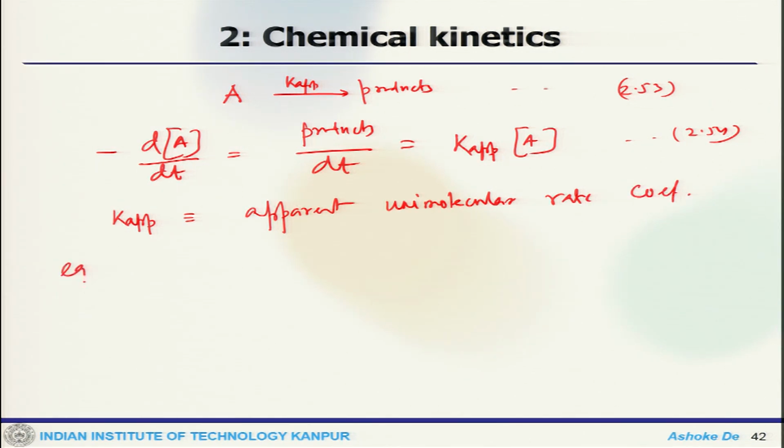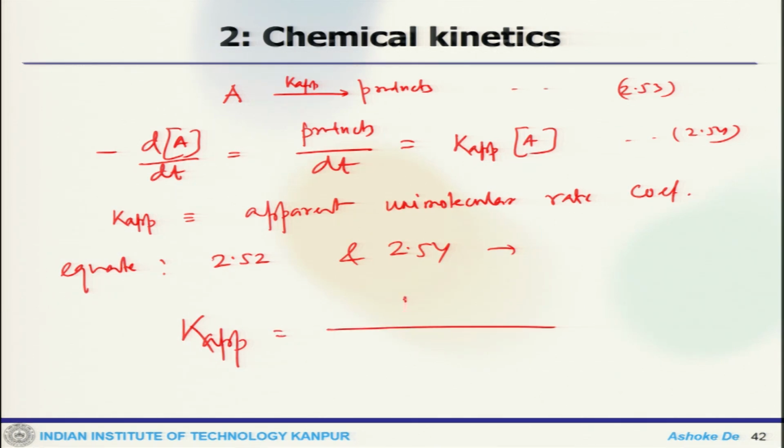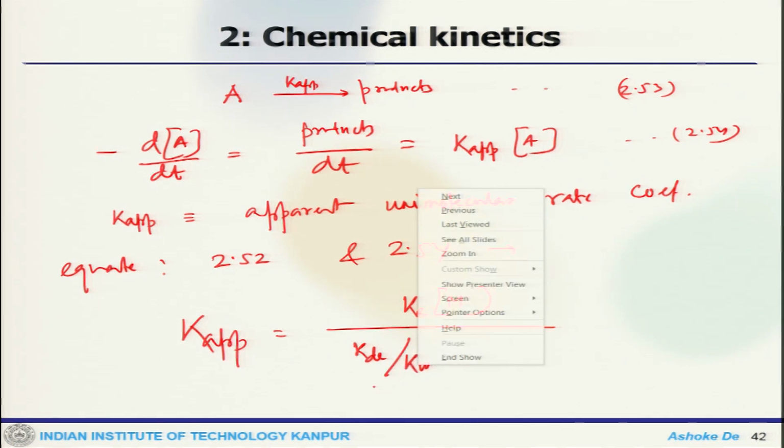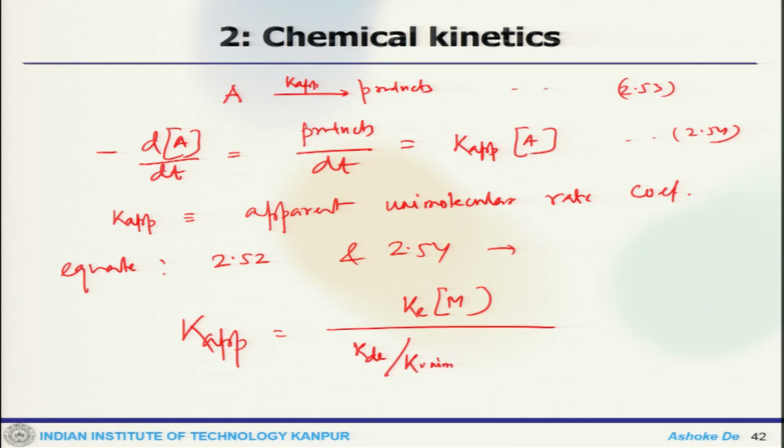Now, we equate two equations 2.52 and 2.54, which will yield that K app equals to K E m K d E by K unimolecular m plus 1, which is 2.55.